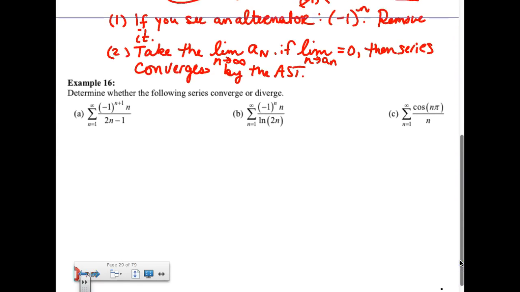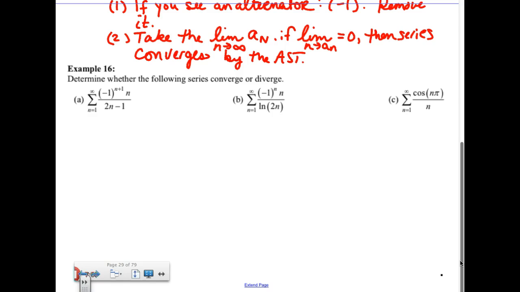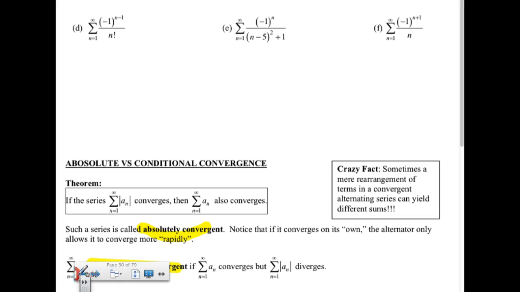So we're going to do these in reverse. Instead of going A, B, C, there's a reason. I don't like the order that these are in. We're going to do letter F first, and it's one I already did. So when I see this alternator, what I do is I go, alternating series test, and I take the limit as n approaches infinity of the series without the alternator.